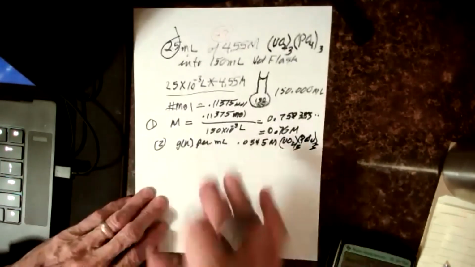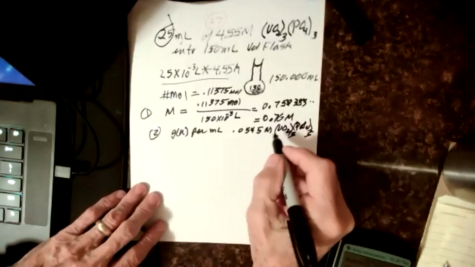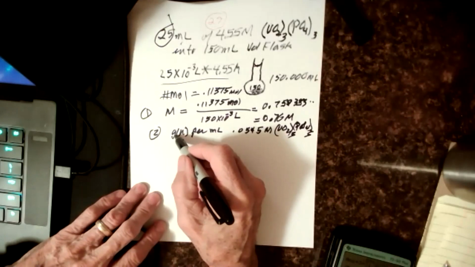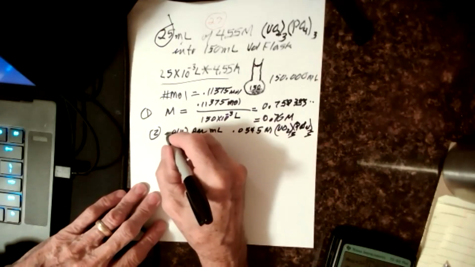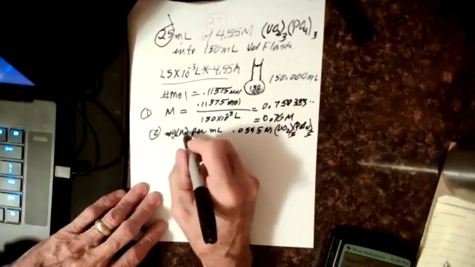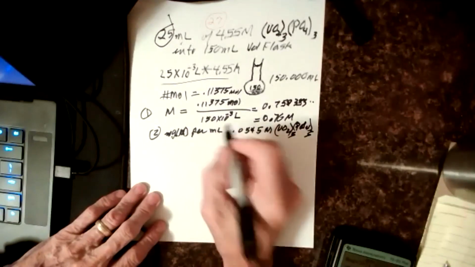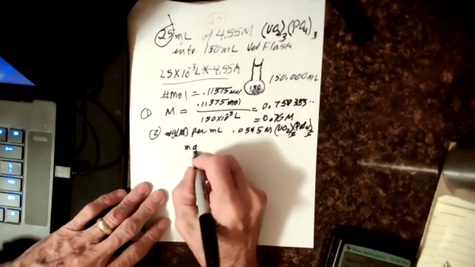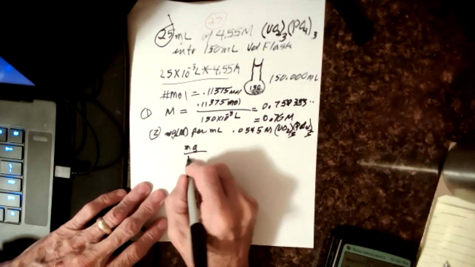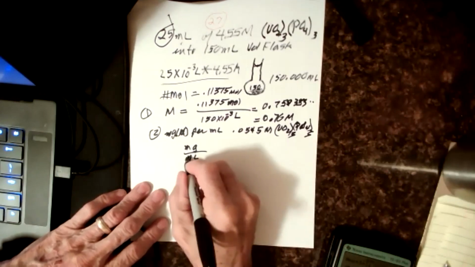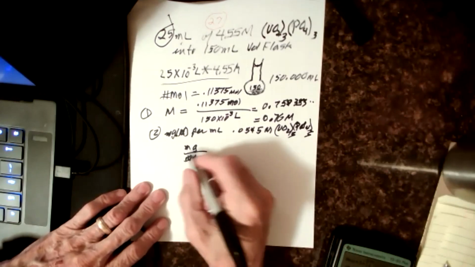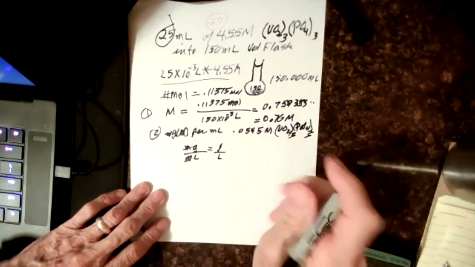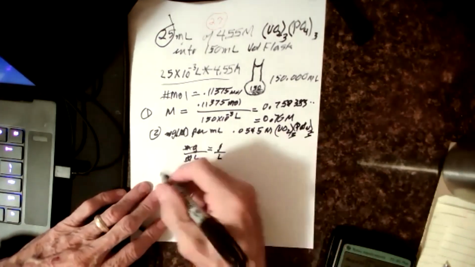Okay, so I want to know how many milligrams of uranium per milliliter. So if I put milligrams over milliliters, the millis cancel, right? That's the same thing as grams per liter. Now, I just showed you that because we talked about this already.